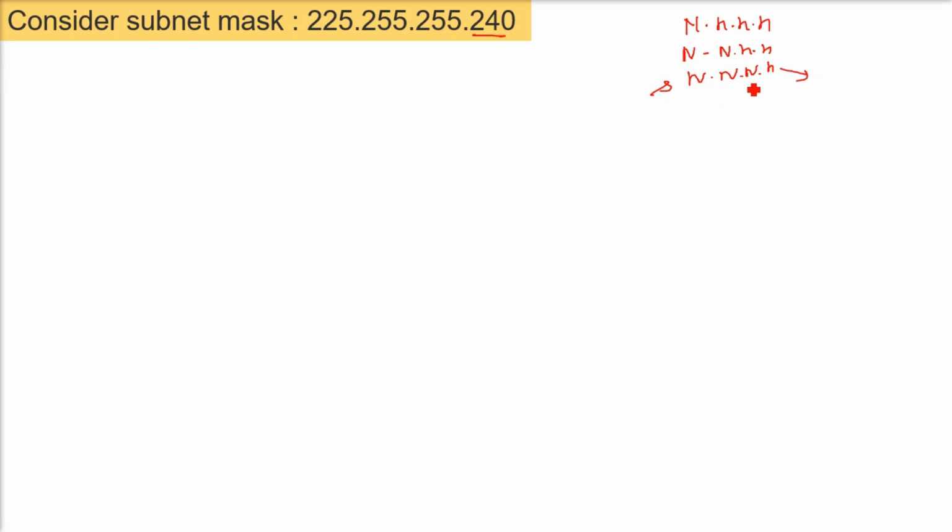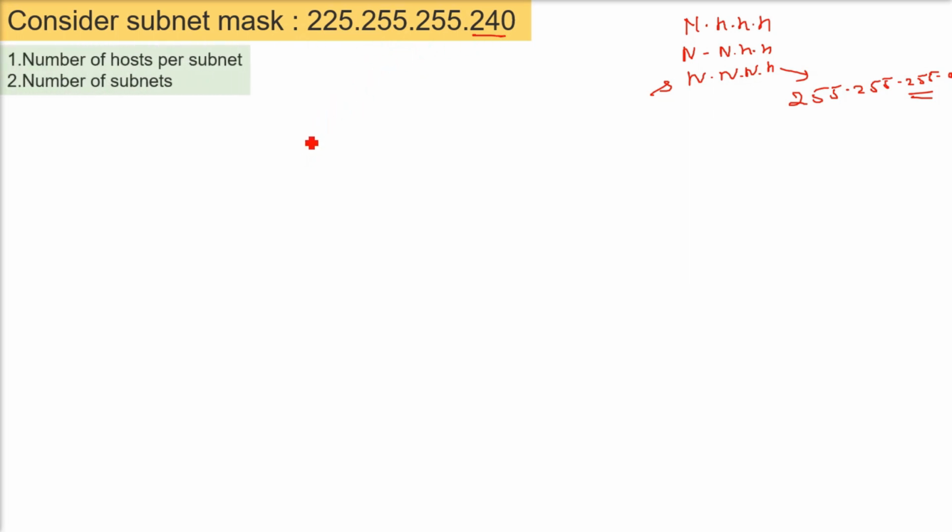If you are taking class C, you know that the first 3 will be for the network. The last one will be for host. The default subnet mask for class C is 255.255.255.0. So we are not being told which type of subnet mask it is. We have to find out the subnets and the hosts per subnet.